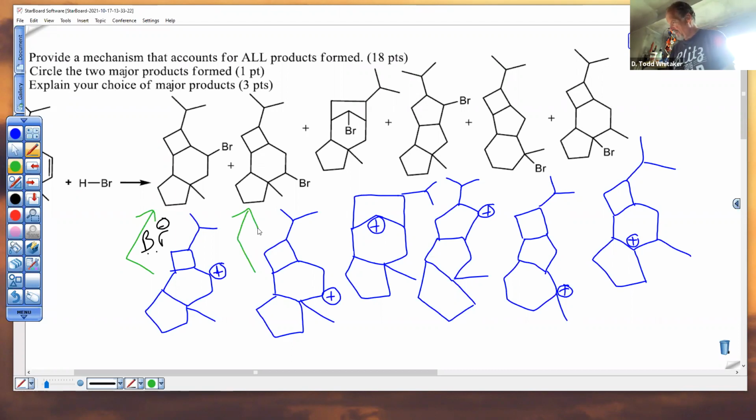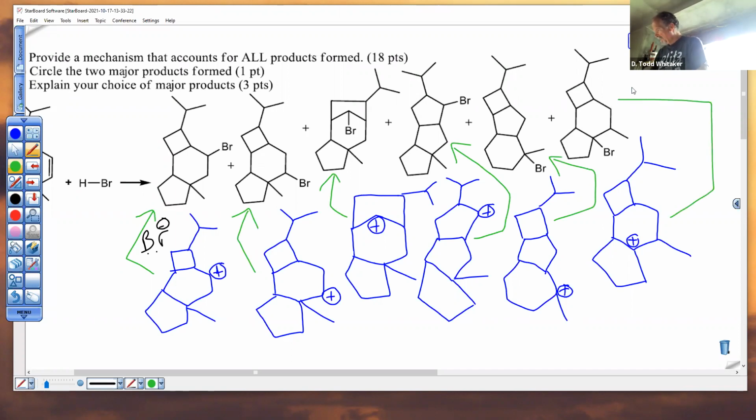I'll just do the arrows first. These are reaction arrows, not mechanism arrows. And I need 5 more Br minuses. Where am I going to put this one? Right here? Sure. You put the lone pair anywhere on the Br minus you want.